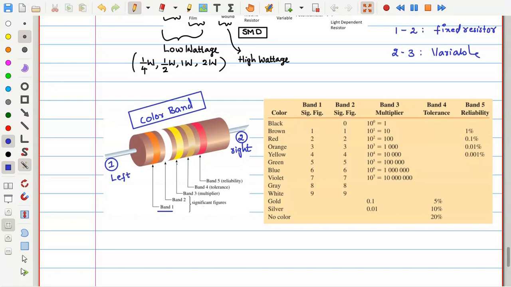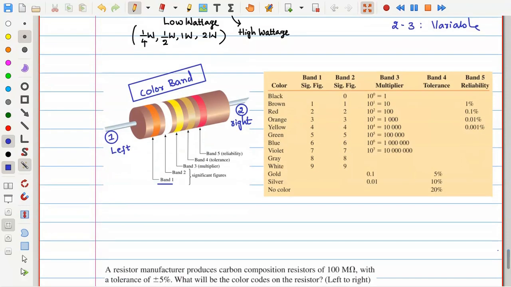Whereas the third band represents the multiplier. Remember this pattern. First two are the significant figures, third is the multiplier, fourth is the tolerance, fifth is the reliability. Okay.